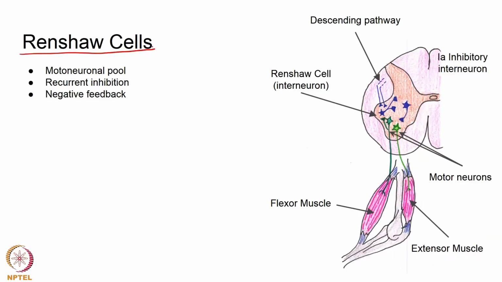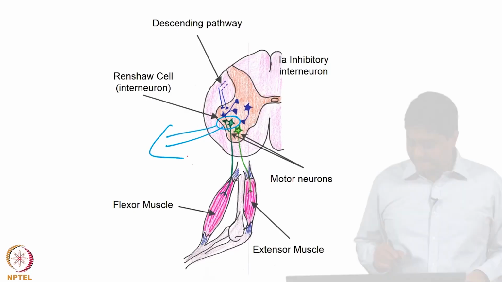So what this does is it activates the Renshaw cell, that is shown as a triangle here. So this is activated along with the motor neuron, which I am going to circle with blue here for the sake of clarity. That is the motor neuron. Zoom this out for clarity.